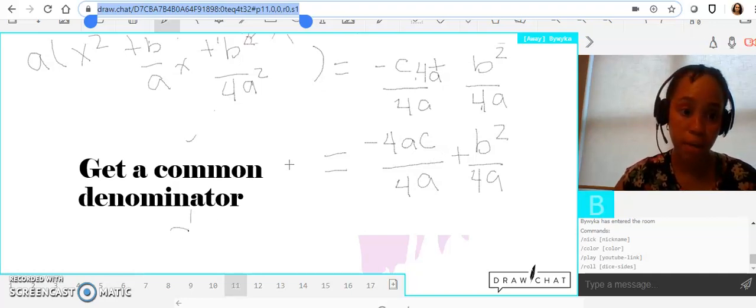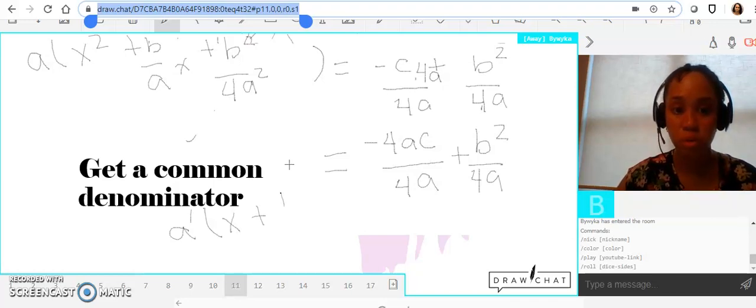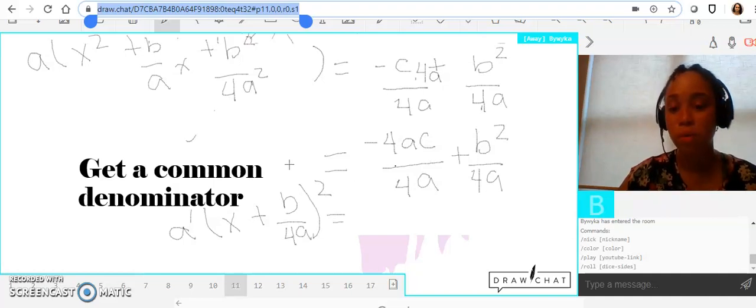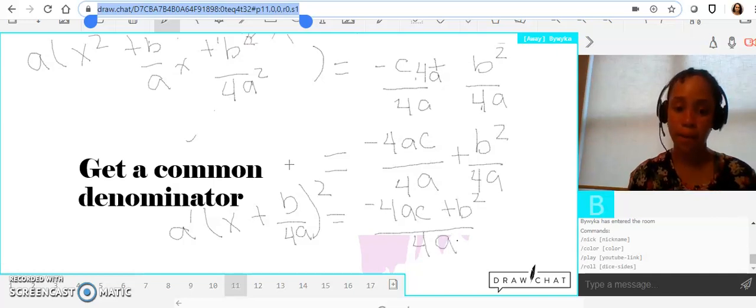So I have a times x plus, remember I just take the square root of everything there, b over 4a, now it's squared, equals, and I'm going to, well, no I won't, not yet. So 4ac plus b squared, and now I have just that one denominator of 4a. Okay?